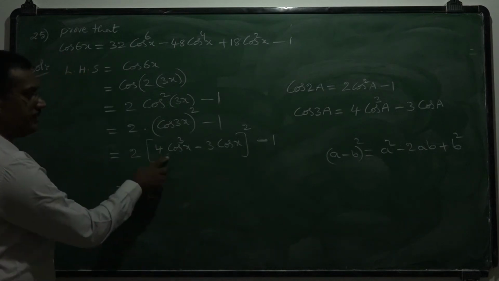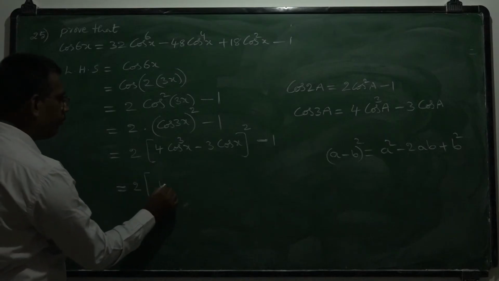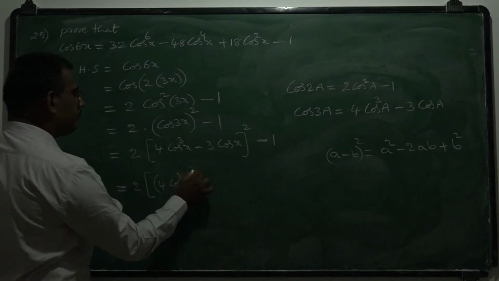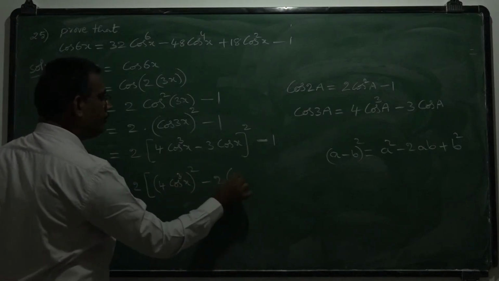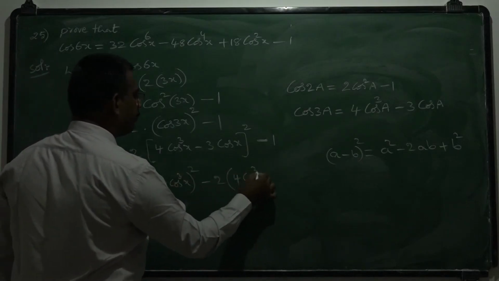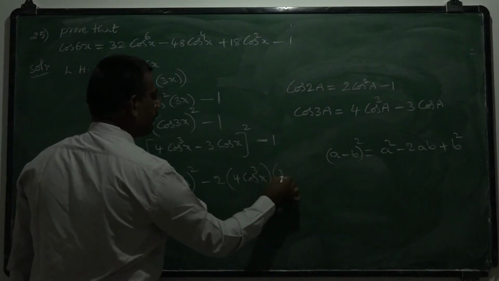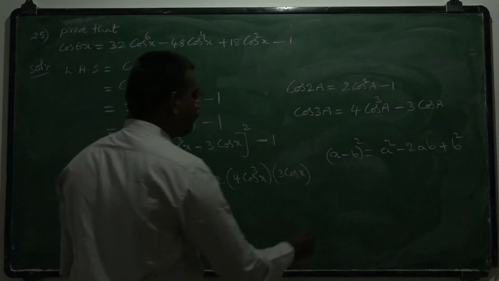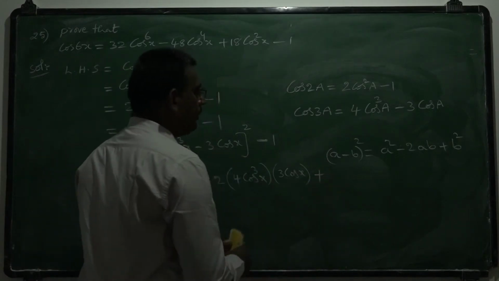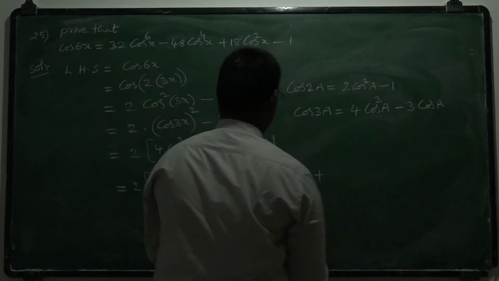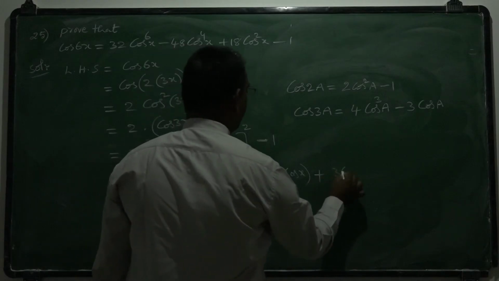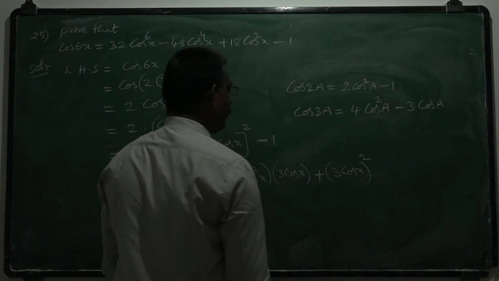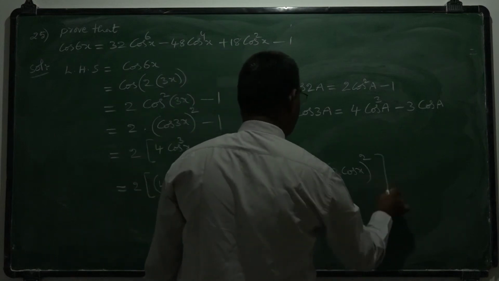Expand this: a square, 4 cos cube x whole square, minus 2ab, 2 into 4 cos cube x into 3 cos x, plus b square, 3 cos x whole square, minus 1.